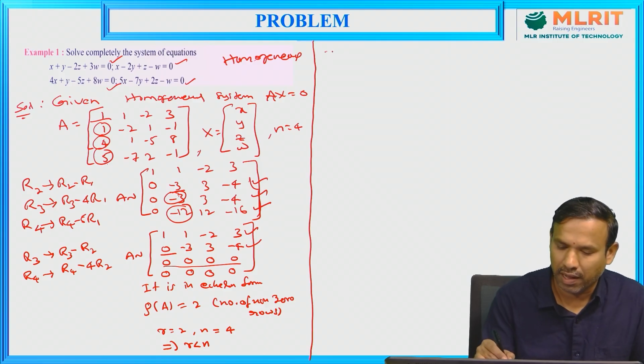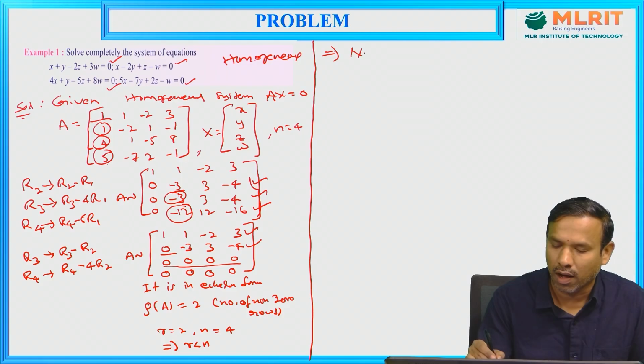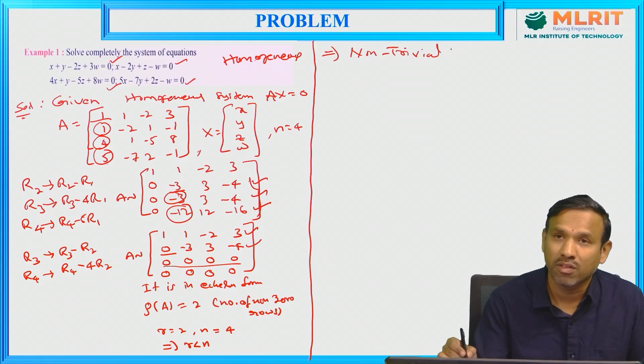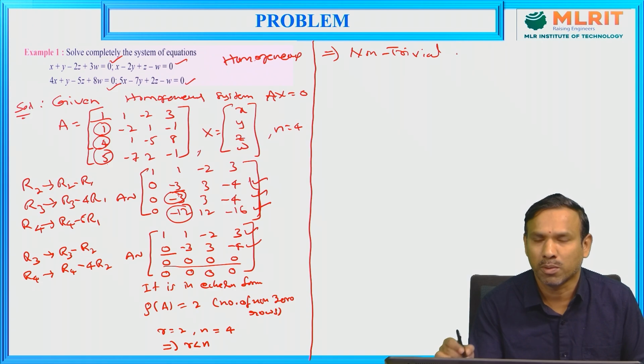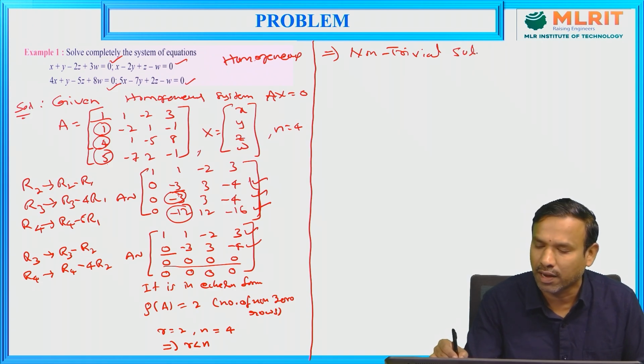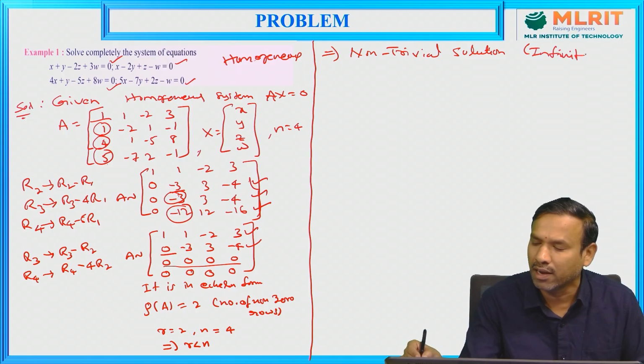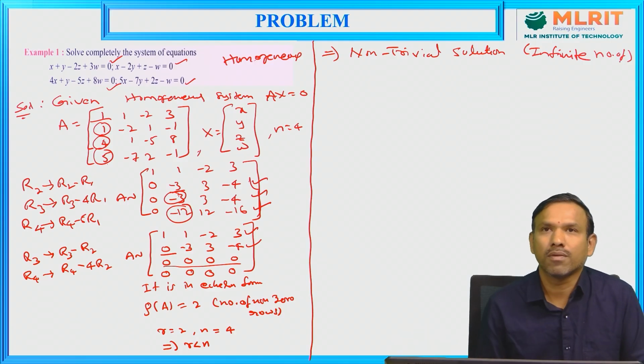So it implies the system will have a non-trivial solution. R equal to N gives the trivial, unique solution, but here R less than N gives a non-trivial solution, which means infinitely many non-zero solutions.